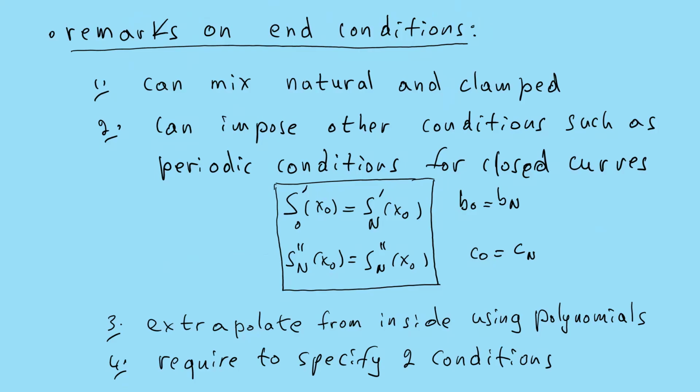In this case, the function and its derivative match at the endpoints. Third, splines can also be used to estimate values outside the data range, but since they are designed for interpolation, the accuracy may decrease when extrapolating. The key point is that we always need to specify two boundary conditions to uniquely determine the spline.